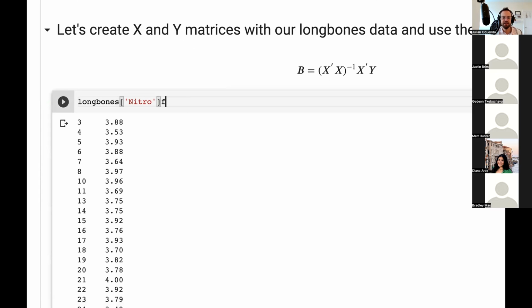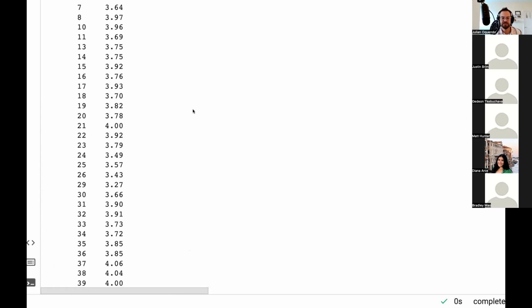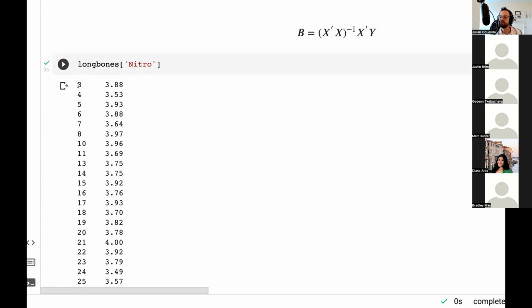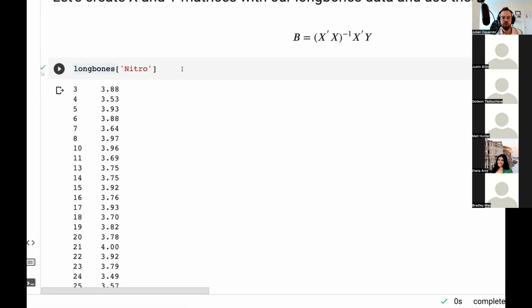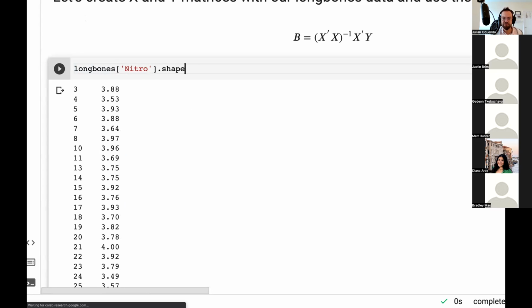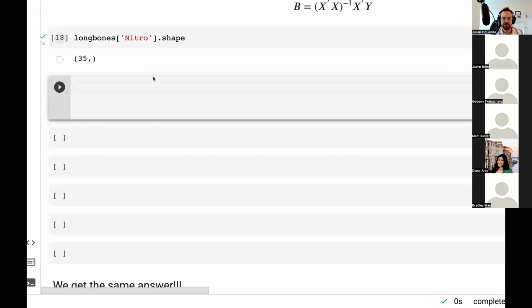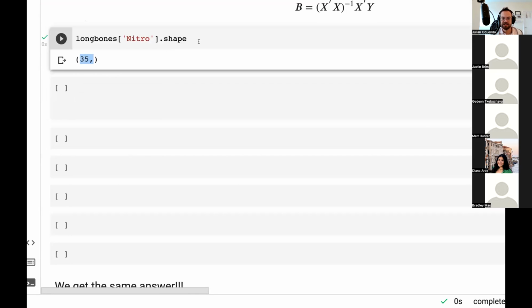If you see this Longbones nitro, this is a series value. A series value, remember, has an index, so these index values on the left and your values, which means this can be referred to as a column. If you were to take the shape of the value, it'll tell you that this is a one-dimensional value.